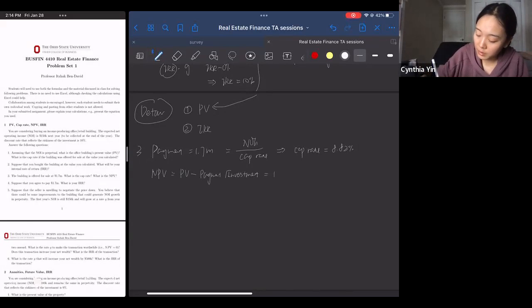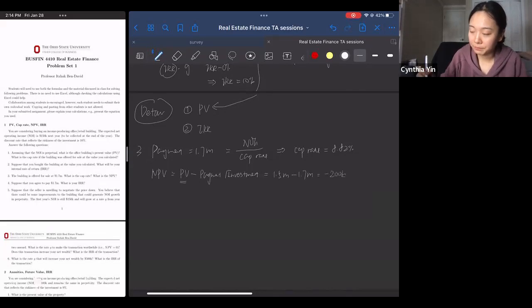So the value will be 1.5 million, because it's not changed, since you used the market fair discount rate to get the present value of this property, and you pay 1.7 million because it's offered at this price. It will be minus 200K. So it's a negative project because you pay more than it's worth, more than the fair value.